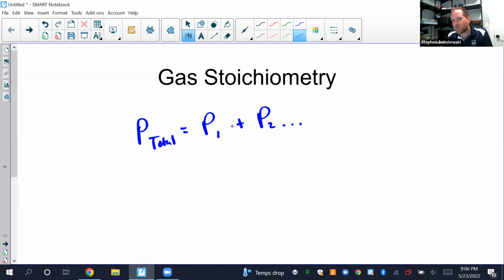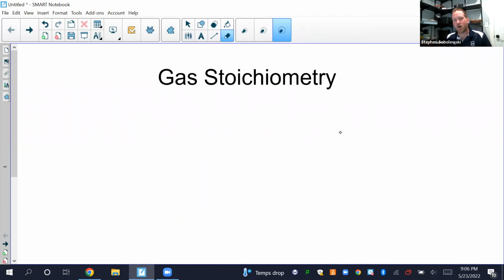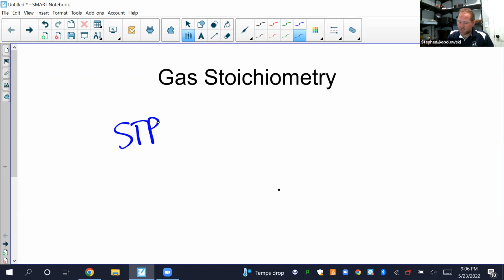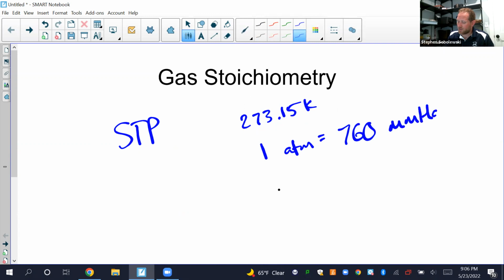This comes into play anytime you're collecting a gas above water, through water displacement, or by bubbling a gas through water. So look out for some of those clues. You'll often find yourself subtracting the partial pressure of water from the total pressure to get just the pressure of the gas you want. Don't forget STP. STP is standard temperature, 273.15 Kelvin, and standard pressure is 1 atm, aka 760 mmHg or 760 torr.